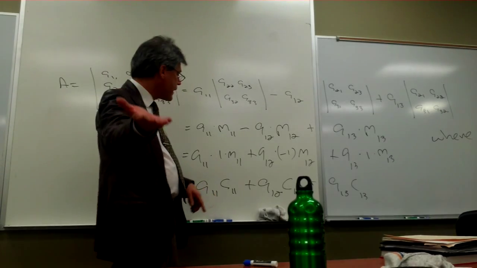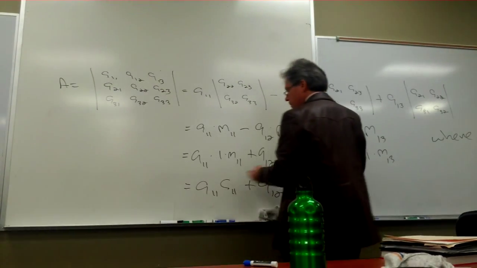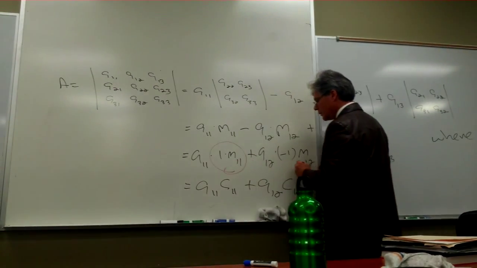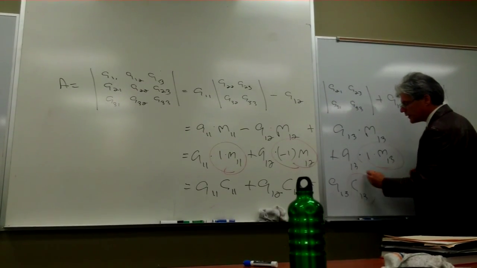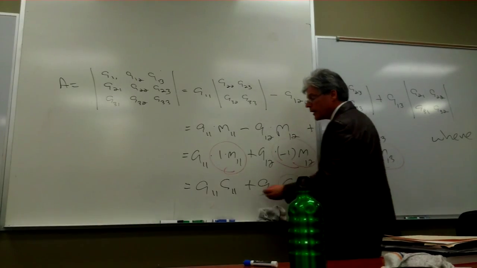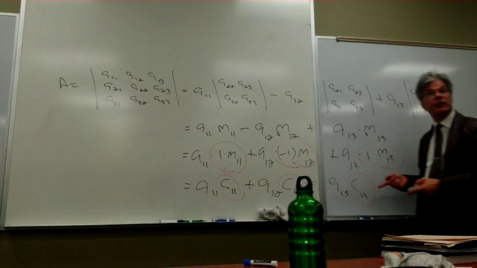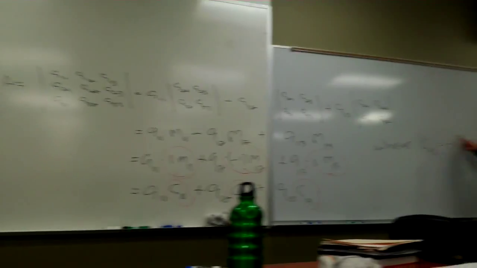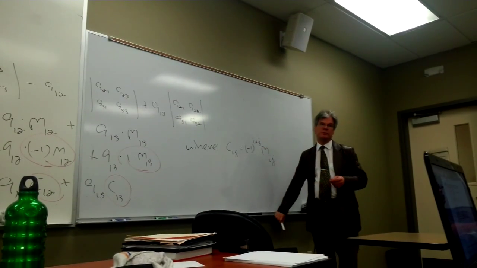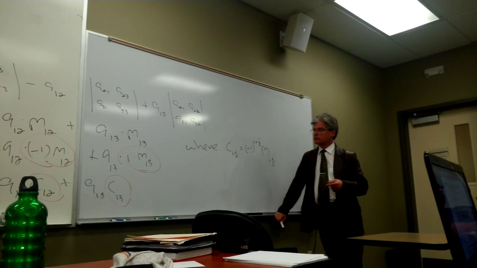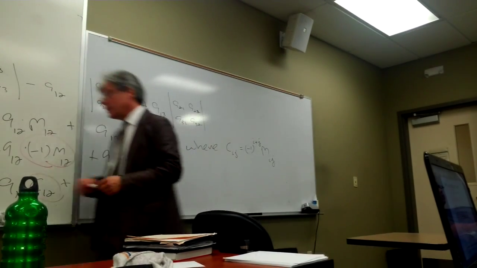And then I simply said, these circled ones are what I'm referring to as my C sub ij's. Okay. Nothing more. And how do you determine whether or not you get a sign change with the minor? You just simply add together your row position and column position, and raise negative 1 to that power. Okay. Here's something else you can put in your back pocket.